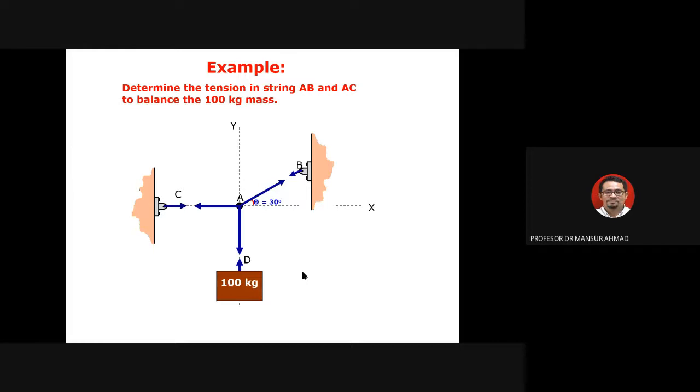Gambar rajah jasad bebas. You membebaskan jasad atau partikel tu daripada sekeliling dia secara bayangan lah. You make an imaginary cut by freeing the body or the particle from its surrounding. I'm freeing this body here at the center from its surrounding.